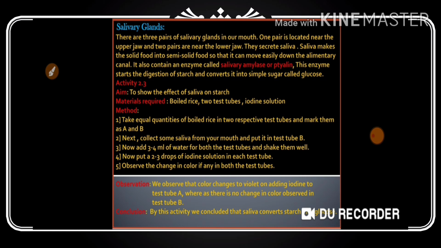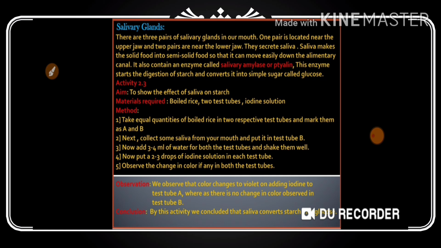Initially, the rice contains starch. When saliva was added to test tube B, which contains water and boiled rice, it crushed the boiled rice and mixed properly with it.